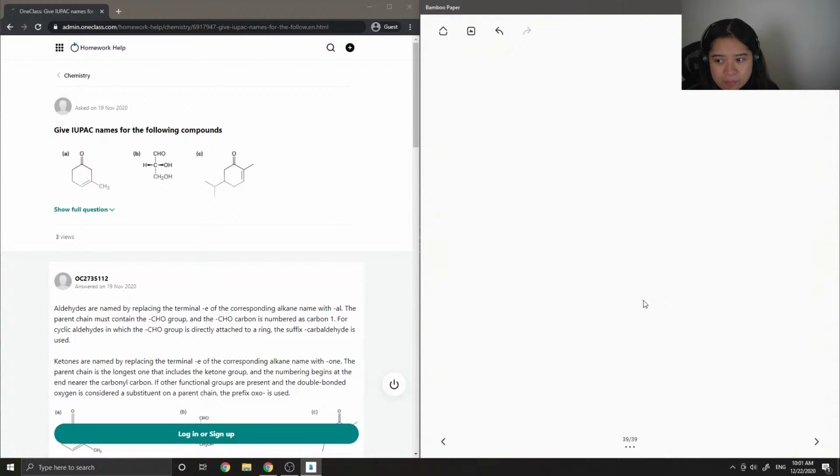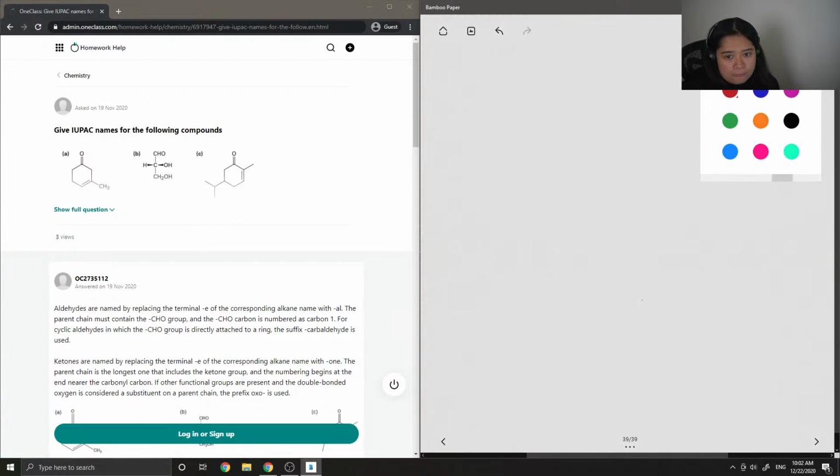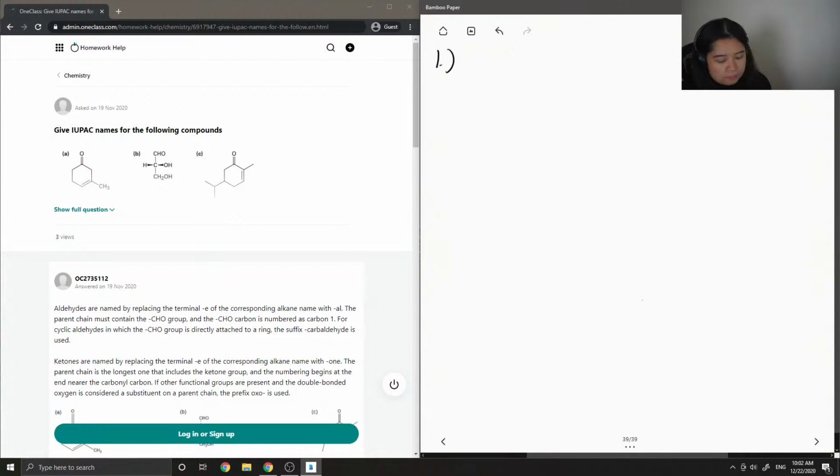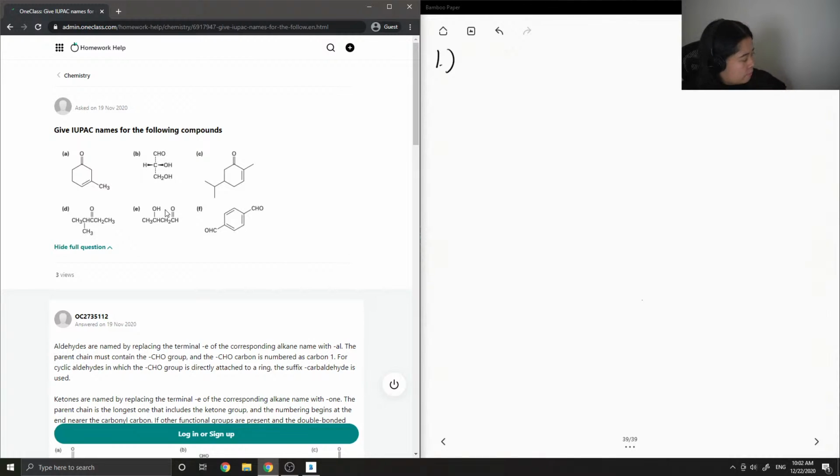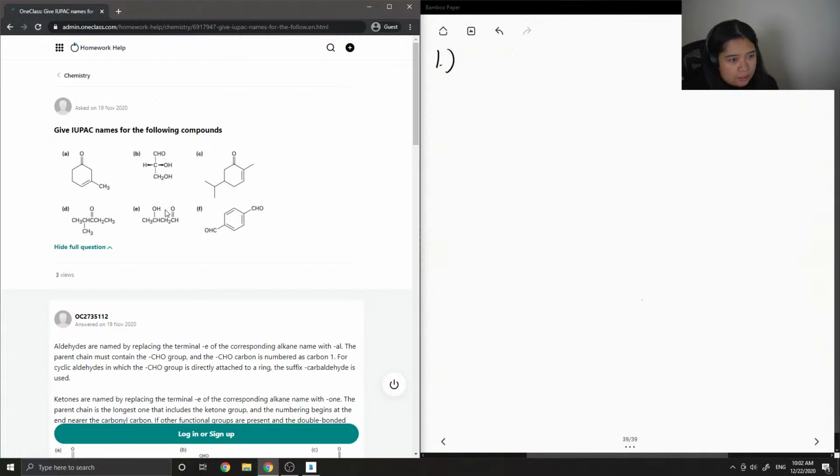Okay, so question 1 asks us to give the IUPAC names for the following compounds. Let's draw out all of the structures first. Maybe I'll just do the first 3 so that we can get the hang of it.